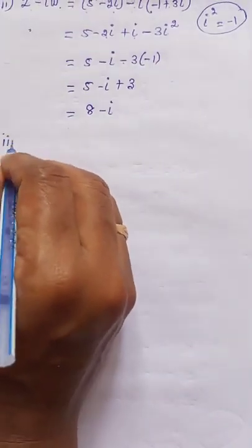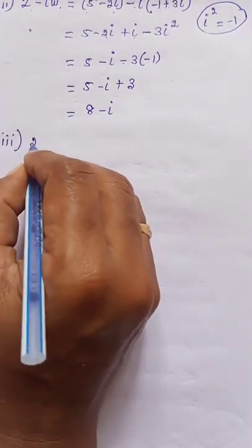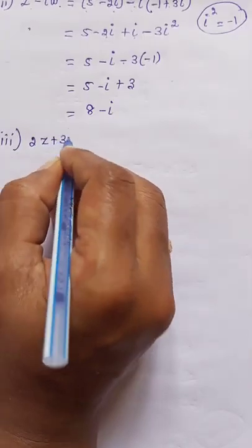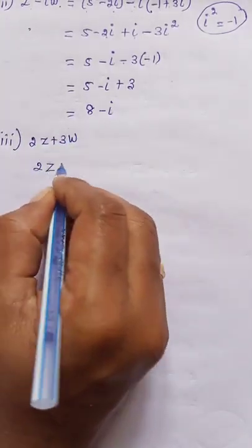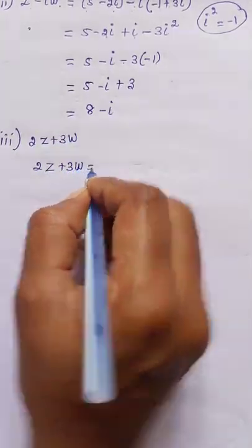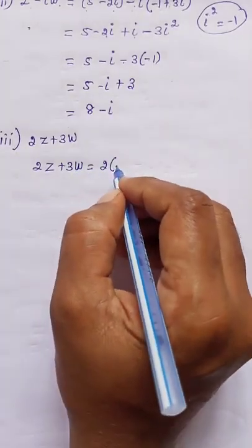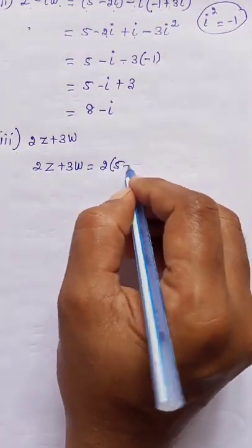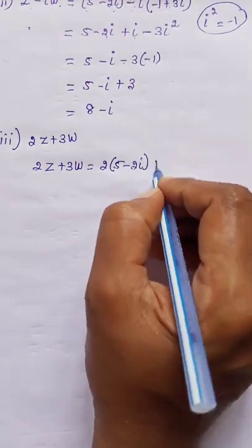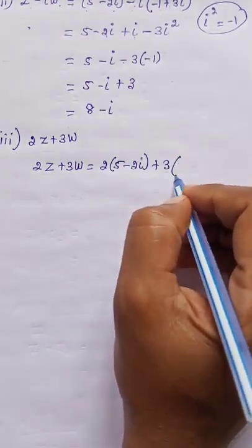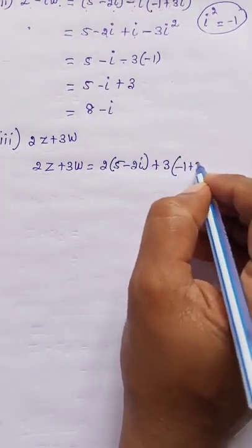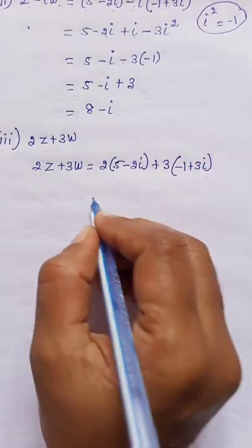Then the next subdivision is 2z plus 3w. 2z plus 3w is equal to 2 into, substituting the value of z, 5 minus 2i, plus 3 into w, where w is minus 1 plus 3i.